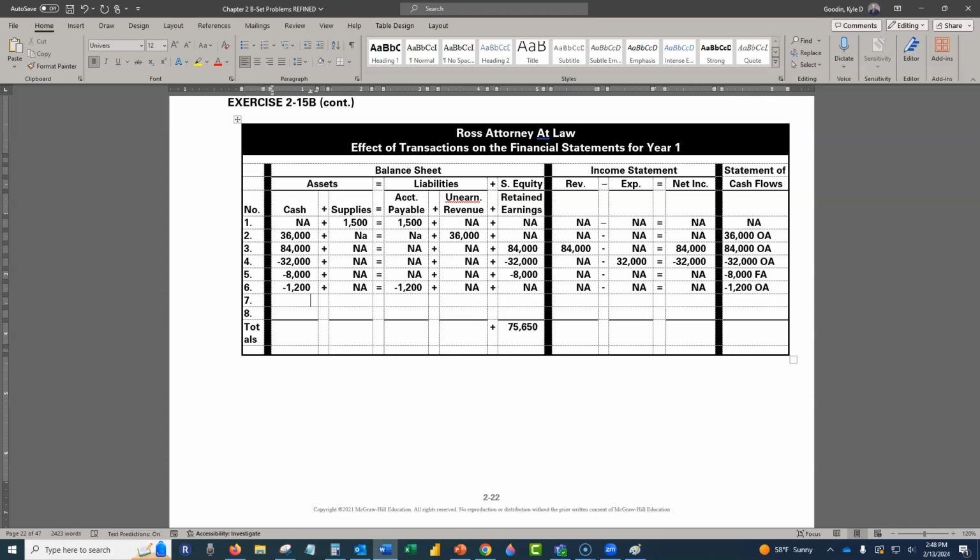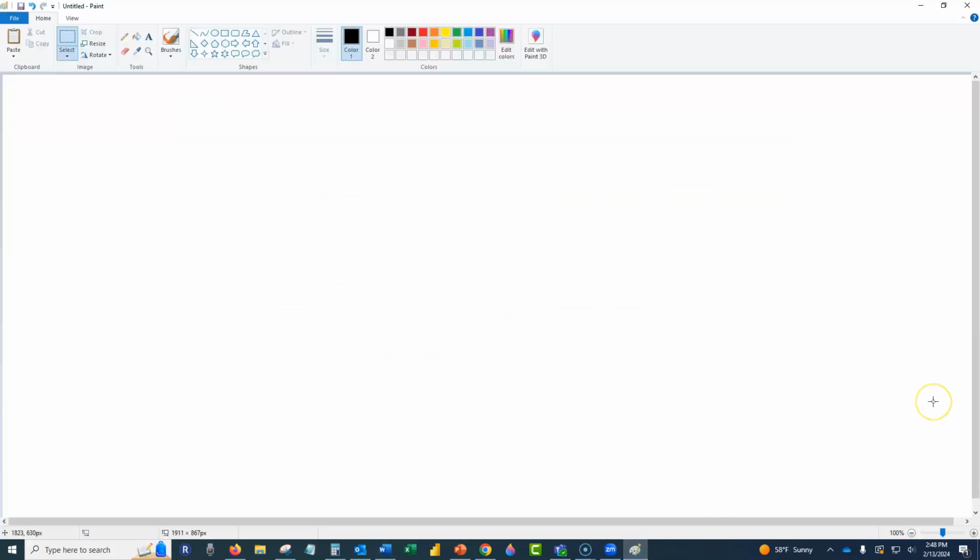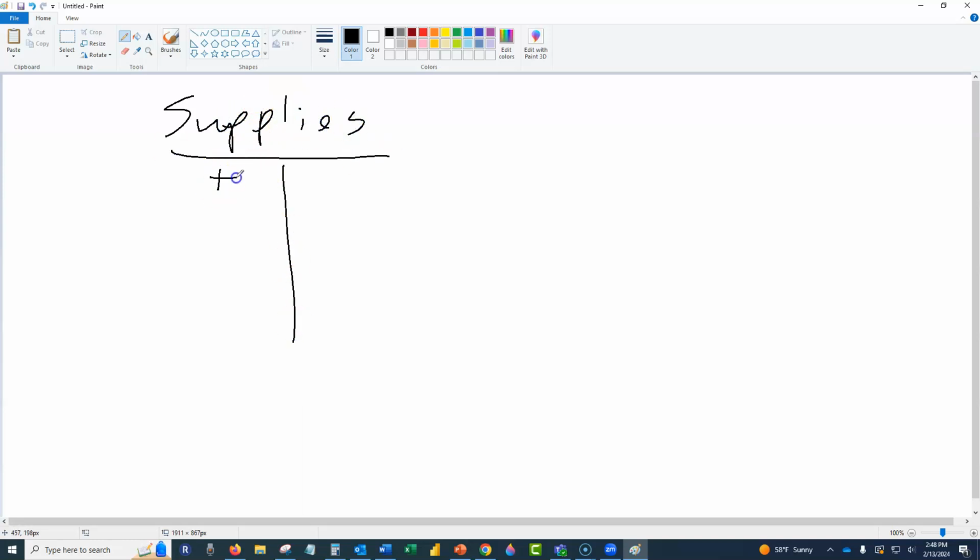Number 7 tells us that we have determined that at the end of the accounting period, $150 of office supplies remained on hand. So again, let's just figure that out. How do we figure that out? Well, we're going to start with our supplies account, right? It's an asset. We started with $1,500.